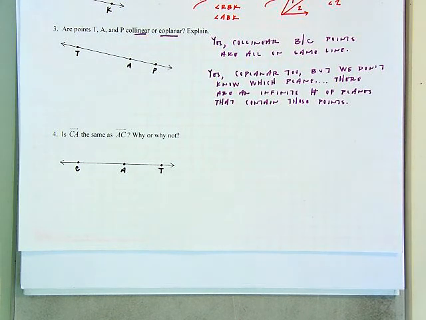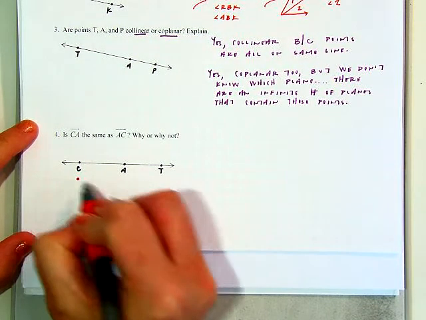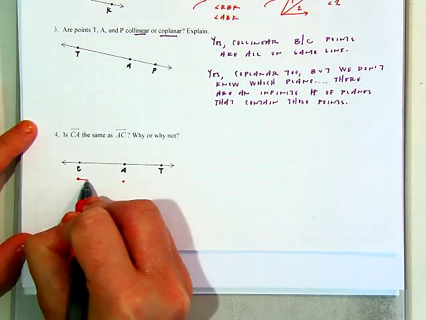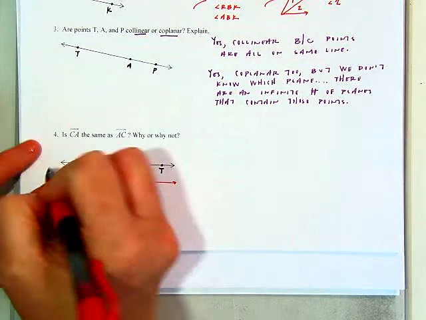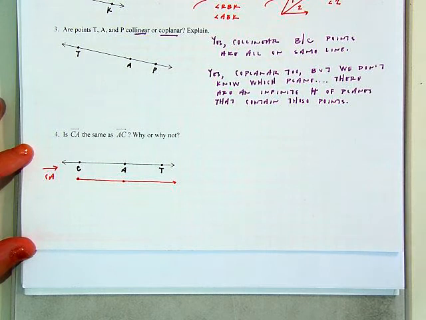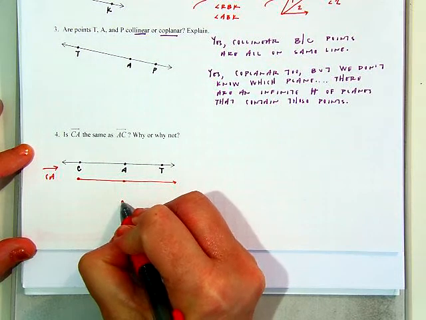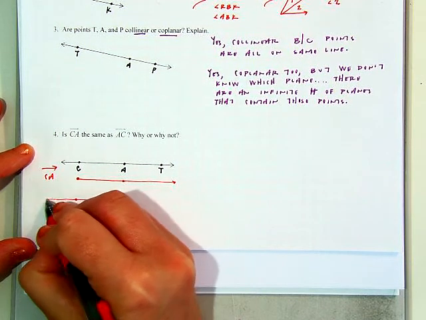All right, lastly, is ray CA the same as ray AC? Okay, so ray CA, this would be the endpoint, and it would shoot through point A as it goes in this right-hand direction forever. So this is ray CA, and then ray AC, this would be the endpoint, and it would pass through point C as it goes in this direction forever.